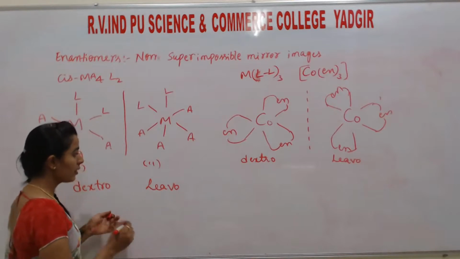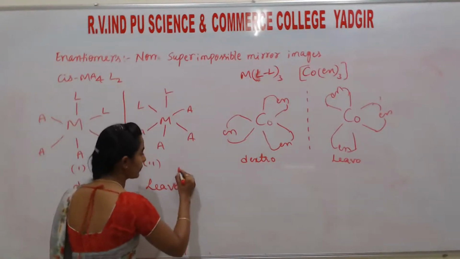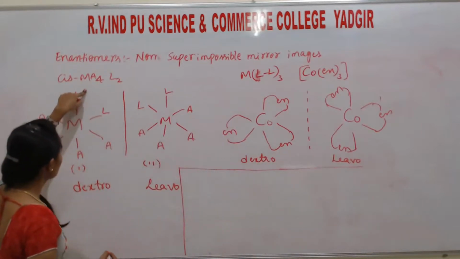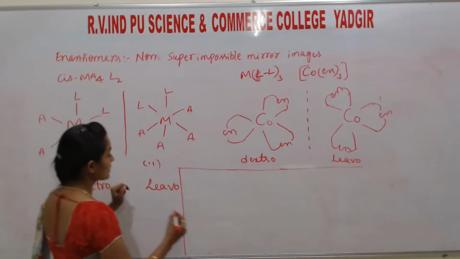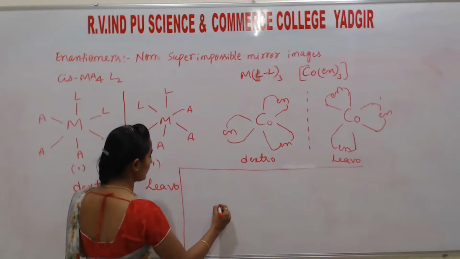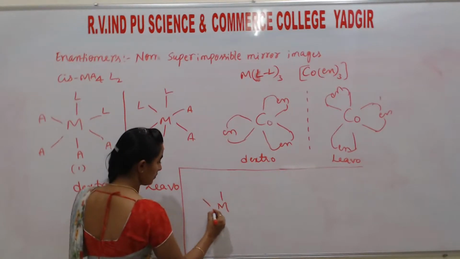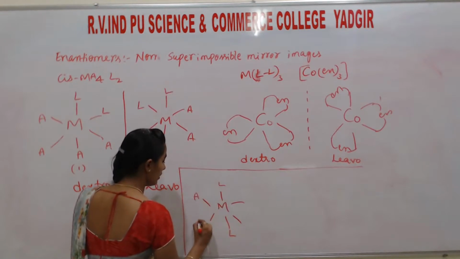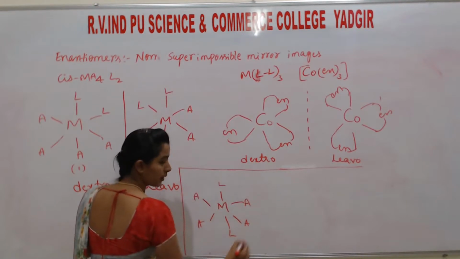What is the reason for the trans isomer not exhibiting optical isomerism? Consider the trans isomer, for example here L, A, correct?